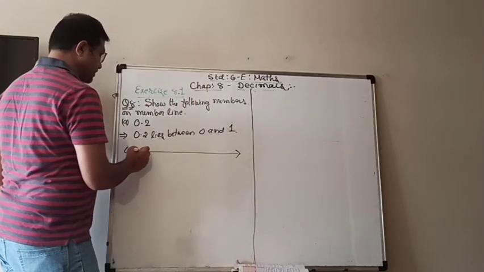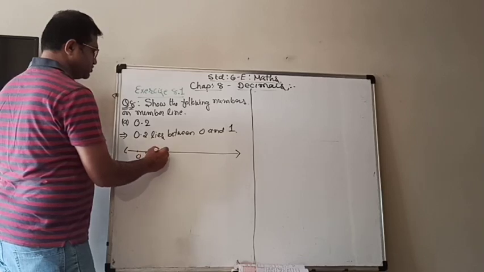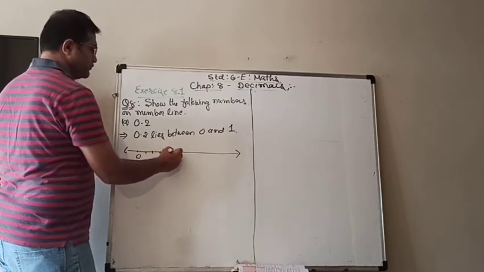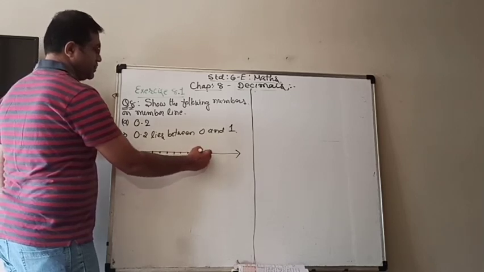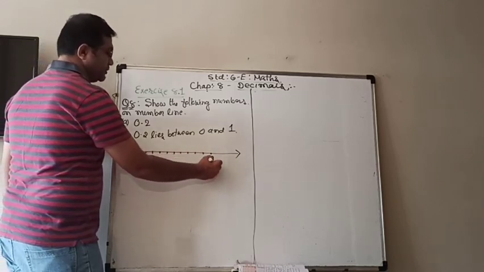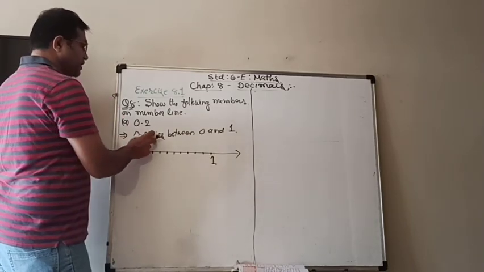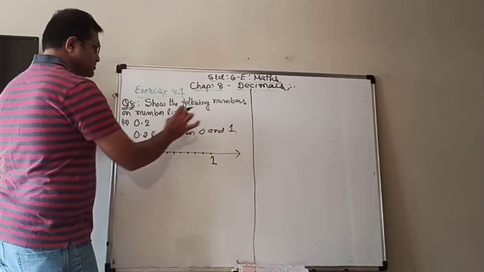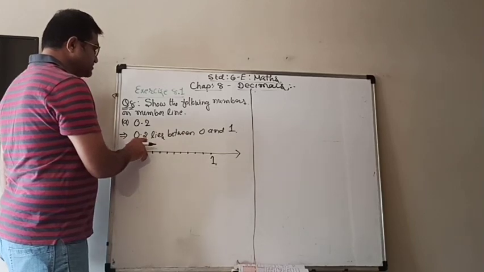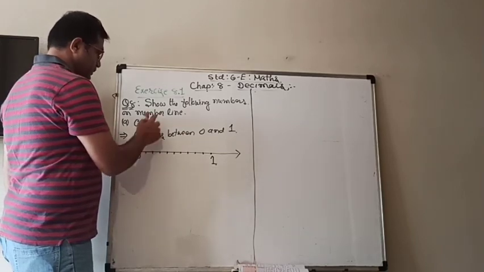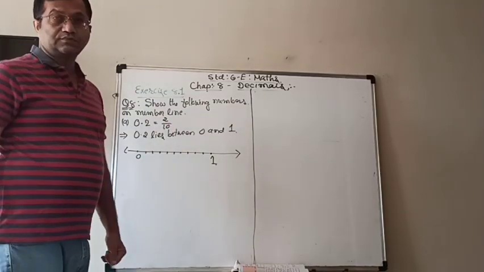So now we have to make 10 equal parts: 1, 2, 3, 4, 5, 6, 7, 8, 9, and the 10th part will be the 1. So we make 10 equal parts between 0 and 1. Now we have to take the second part, because we know that it is represented as 2 upon 10 also.